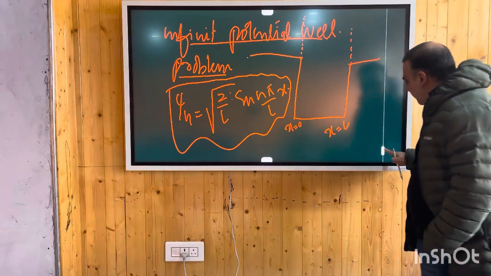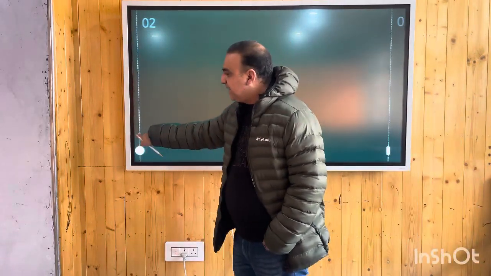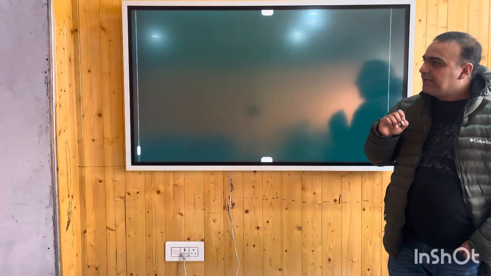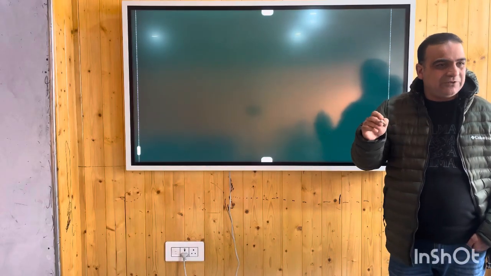The very first important argument is that if I take two states, as we know from the basic postulates of quantum mechanics, in a Hilbert space these basis state vectors must be perpendicular, orthogonal to each other.